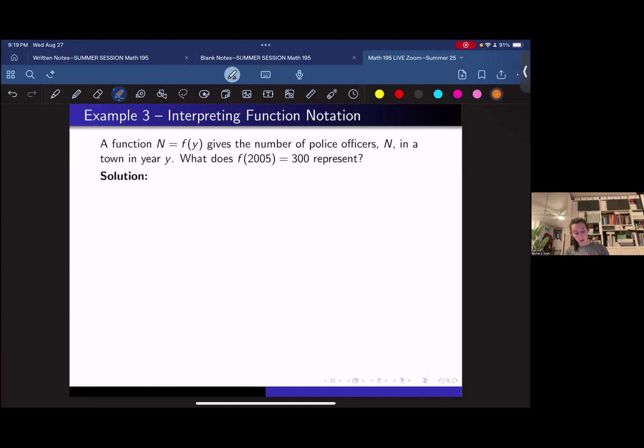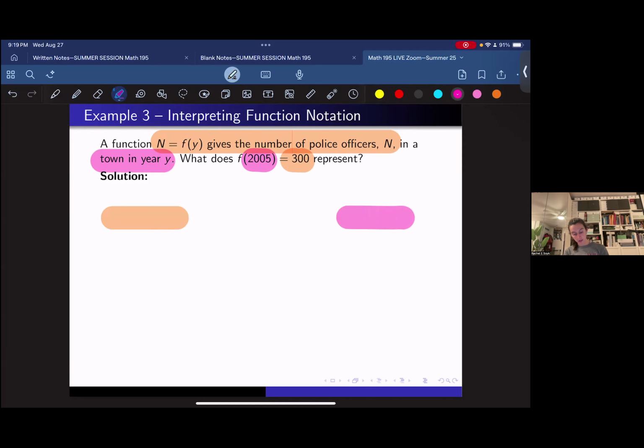Well, if we know that our n gives the number of police officers, then 300 is the number of police officers. And y gives us the year. We have 2005 is our year.